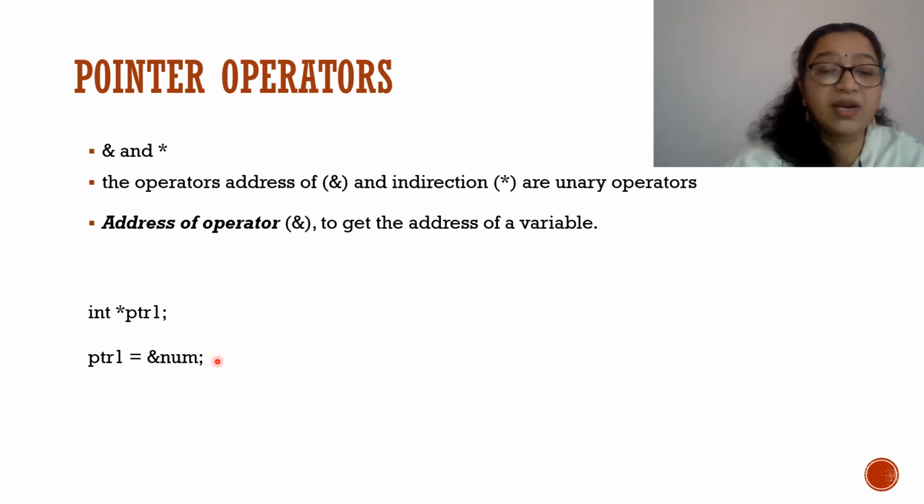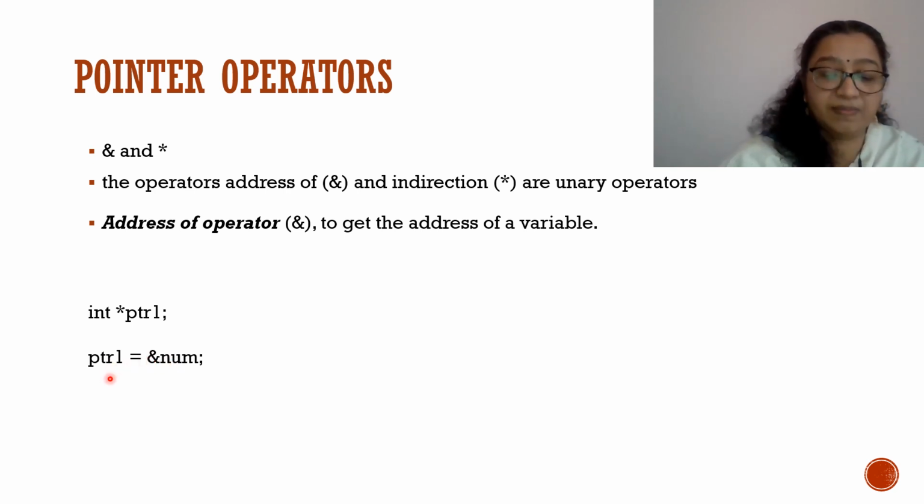What is the meaning of this? Yeah, the base address of num is the content of ptr1 now. Clear? ptr1 is a pointer variable. The value of that pointer variable is what? The base address of num. So this is the way of storing the address of a normal variable to a pointer variable.